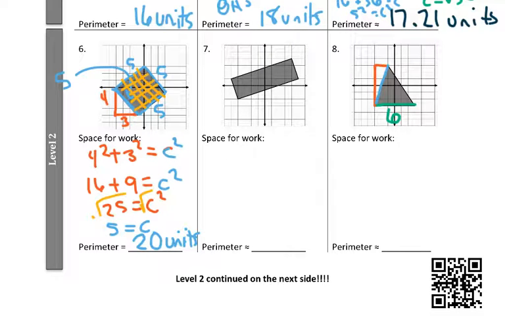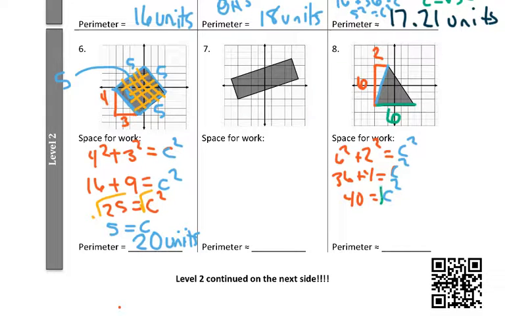Okay, so it looks like that's 6 tall and 2 wide. So let's use the Pythagorean Theorem. 6 squared plus 2 squared is going to equal c squared. So 36 plus 4 is going to equal c squared. And so that means that 40 is going to equal c squared.